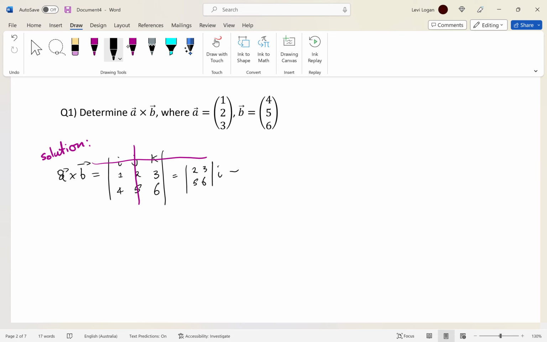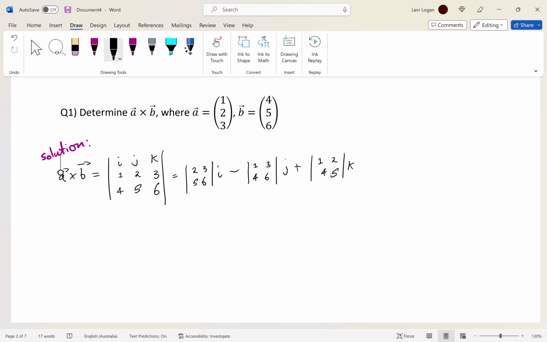So our matrix here is going to be 1, 3, 4, 6. And we're going to have a J. And then we're going to find the determinant of our last matrix here, which is going to be plus 1, 2, 4, 5, K. Okay?